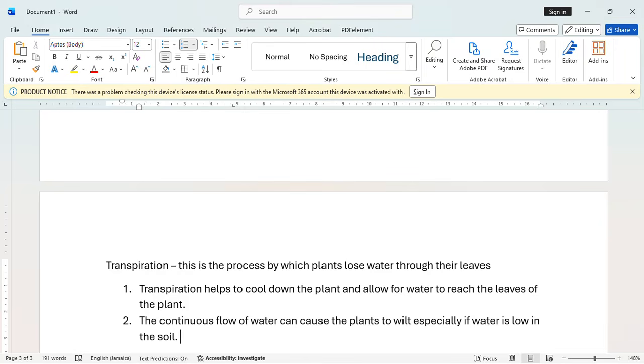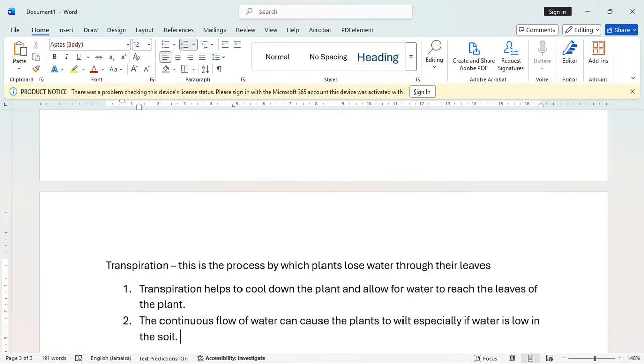So no matter what is happening, the plants try to conserve by closing the stomata; the guard cells help to monitor the stomata so that it reduces transpiration. But at the end of the day, even by doing that, the plant is going to wilt and it's going to die, because the same pores that the water vapor is leaving are the same pores that carbon dioxide is entering.